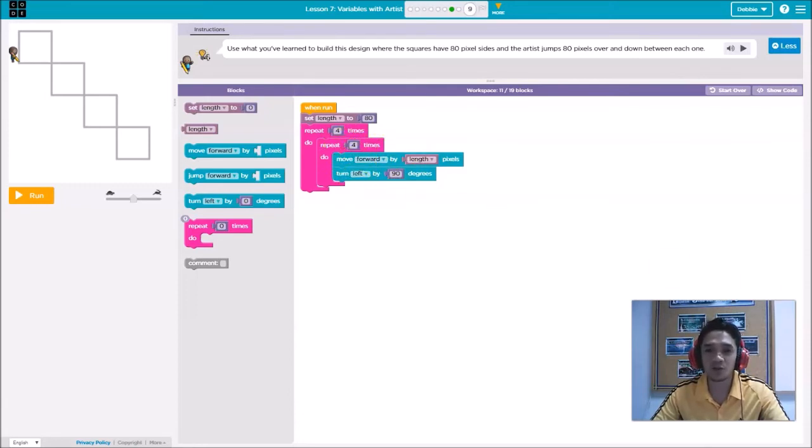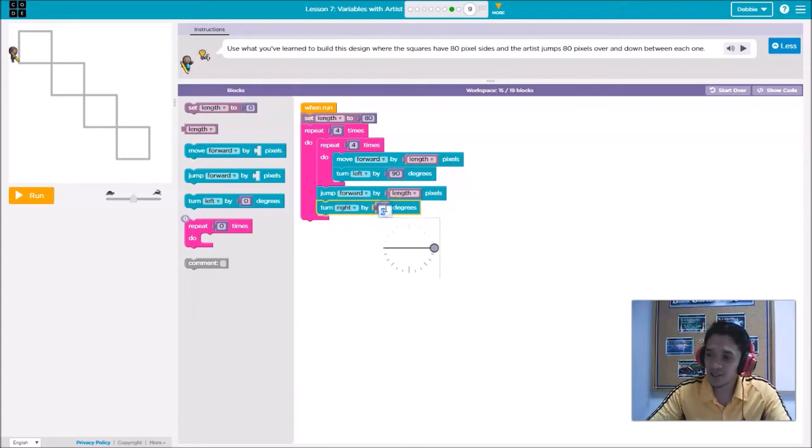Next, how about when we jump? Okay, let's try when we jump. When we jump here, we need to move forward. Length is 80, very good. And then turn. This time, instead of turning left, we need to turn right.